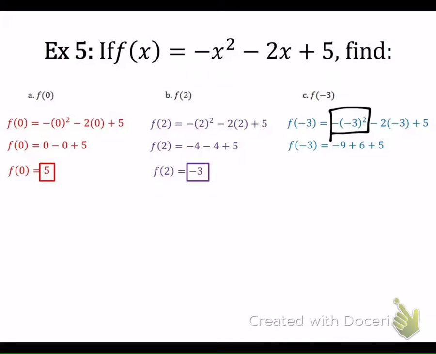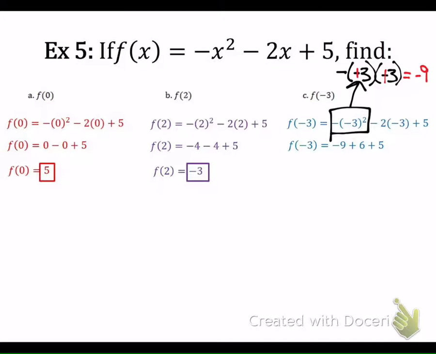What I have is a negative, and then negative 3 times negative 3, because the negative 3 is in parentheses being squared. So what's a negative 3 times a negative 3? Okay, never mind. I get it now. So you only have the one negative in the end.